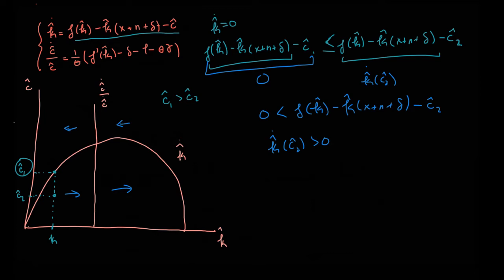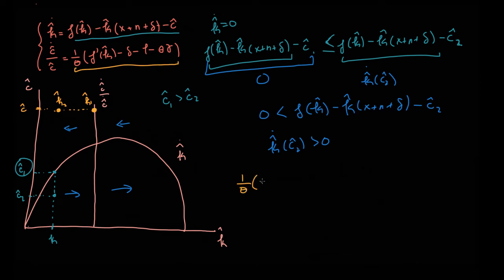And we can do kind of a similar test for the C hat dot schedule, picking one value of K hat here, call that K hat 1, and one value of K hat here, call K hat 2. And importantly, again, they're both at the same value of C hat. And now this time we're going to plug them into this equation.